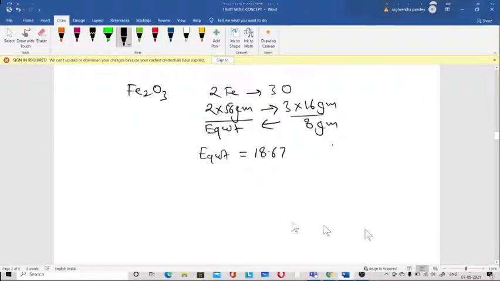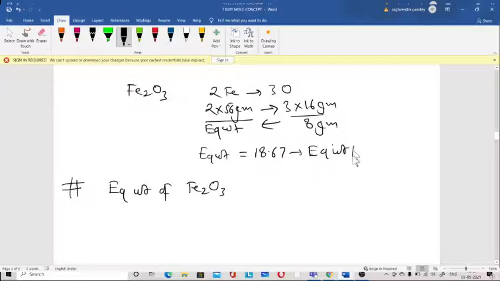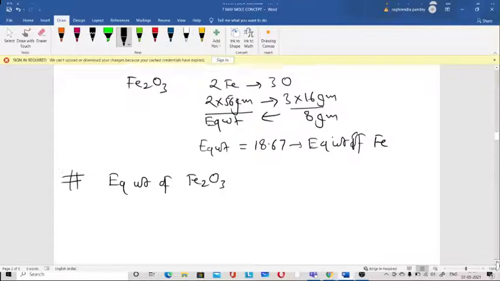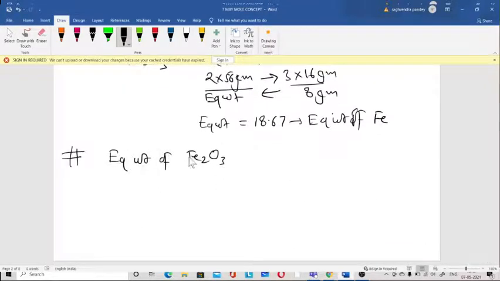Another aspect that is very important here is the equivalent weight of Fe2O3. Here in Fe2O3 we calculated the equivalent weight of iron. If we have to calculate the total equivalent weight of Fe2O3, we have to calculate the weight of Fe2O3.